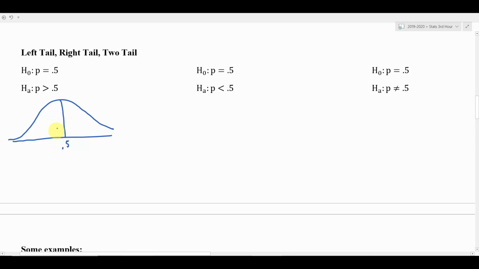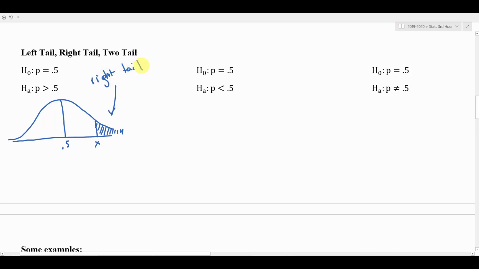So what we're ultimately trying to find is some value that goes off to the right, because we want it to be greater than 0.5. There's going to be some value over here, and the probability that we calculate is going to be in this tail over here. So when it's greater than, it puts the tail on the right-hand side when we calculate that probability. That means that this is a right tail test.